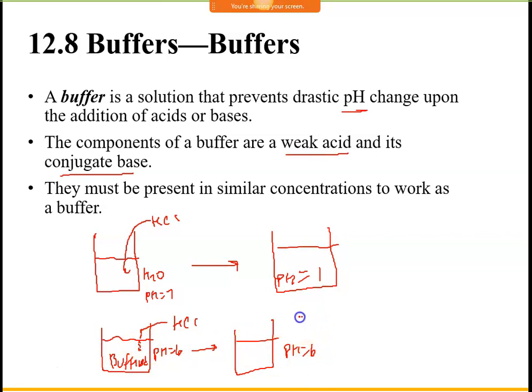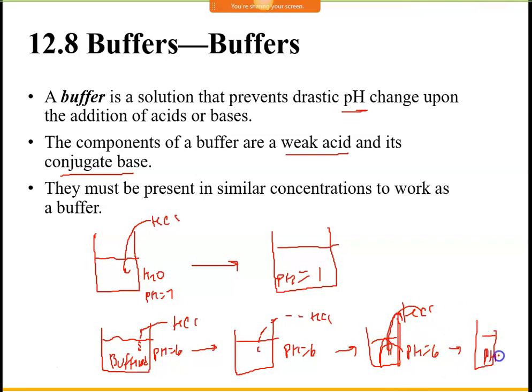Let's say I add in a little bit more HCl. It's still a pH of 6, because I have the buffer in there. There is a certain point where I'm going to start adding in a lot of HCl, and once I add in a lot, it overcomes our buffer, and then I will be at a pH of 1. However, up until that point, any acid I add in here, the buffer absorbs it. It gets rid of all that excess H+ ions. That's basically what a buffer is.